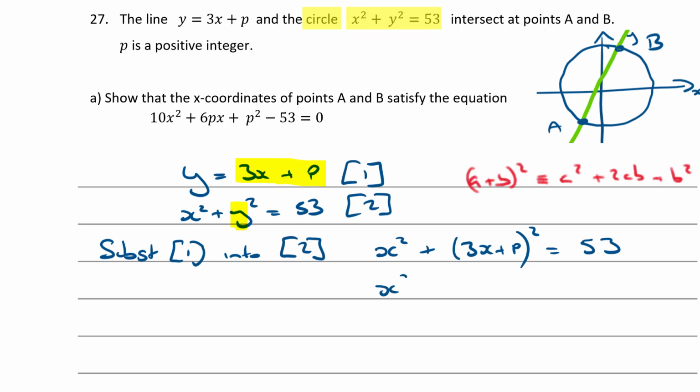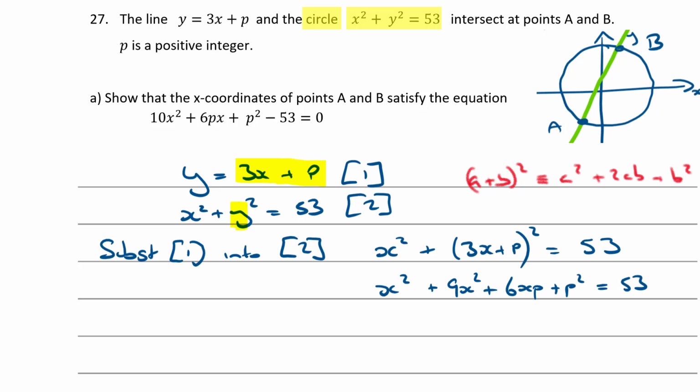So I've got x squared plus the first term squared, 3x squared, which is 9x squared, plus two lots of the two things multiplied together, so that's going to be 6xp, plus the last term squared, p squared. If you don't like doing it like that, you can just write it out as two brackets and multiply it out if you prefer.